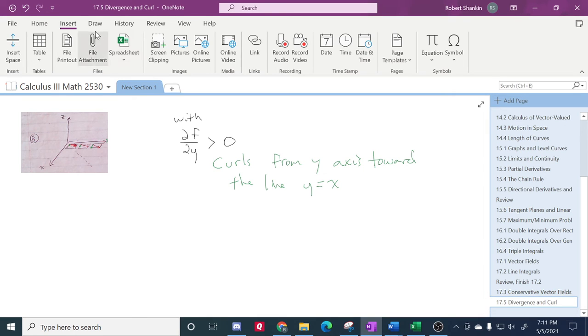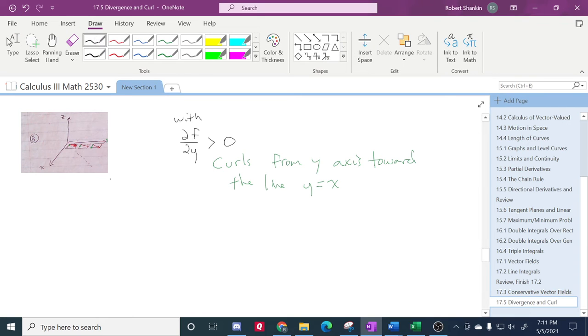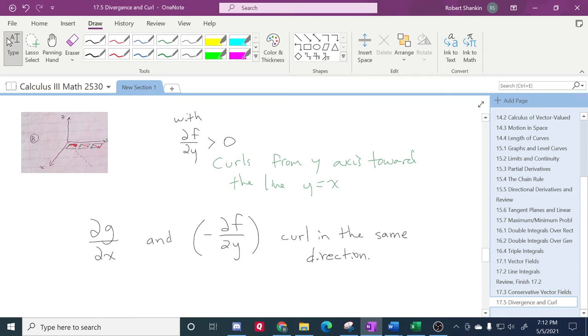Now, what we're going to see is that the partial of g with respect to x and the negative of the partial of f with respect to y curl in the same direction. So let's look at this.